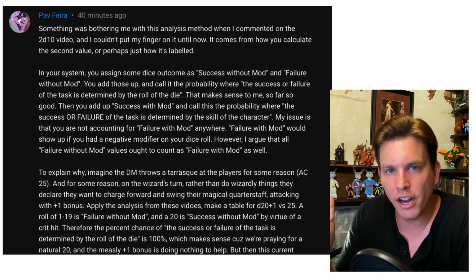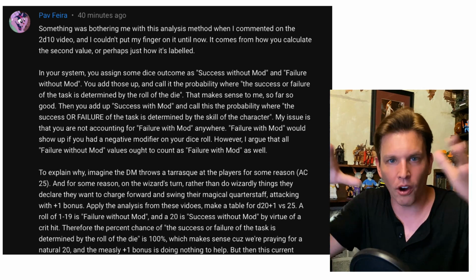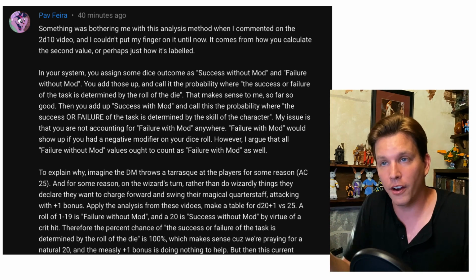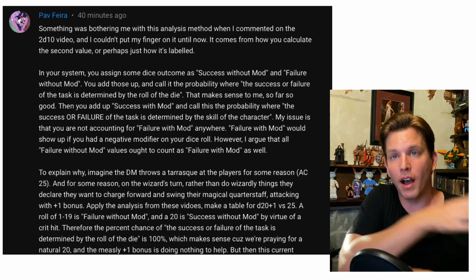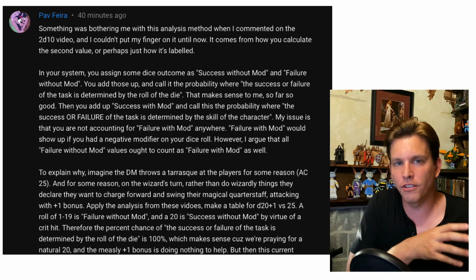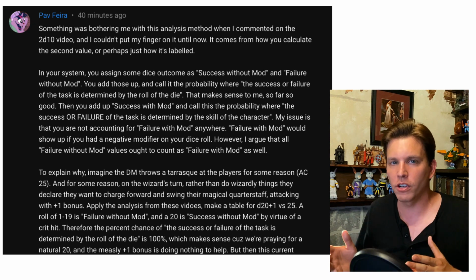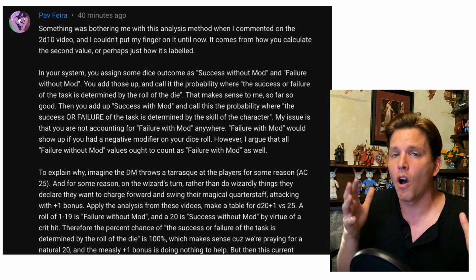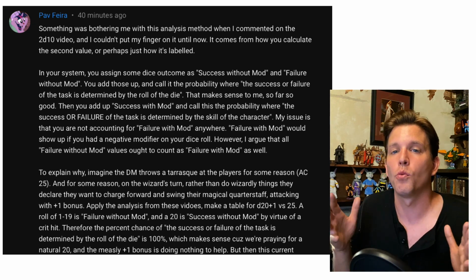In 5th edition Dungeons & Dragons, which we've been using as our example, it isn't possible for the intrinsic characteristics of the character to be both positive and negative. When you add up your proficiency bonus and your attribute bonus, either you're going to be positive or you're going to be negative. So that's why I was saying success or failure, although yes, in most cases, we're definitely going towards success.